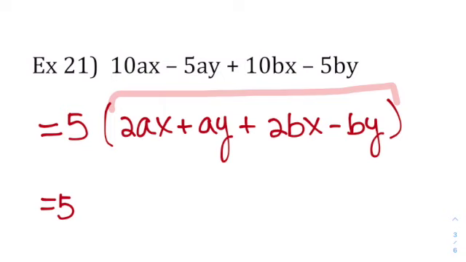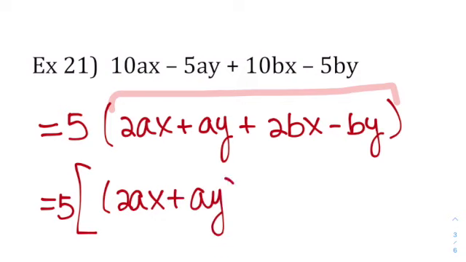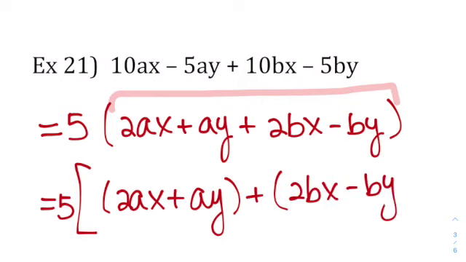So do the parenthesis part and then we're going to do the same thing. Put it in brackets because we're going to say, hey, let's not disturb all the little parts in the back we are going to talk about. So that really is going to be 2ax plus ay in parenthesis, plus parenthesis 2bx minus by, because we are trying to separate the first two and then 3, 4.